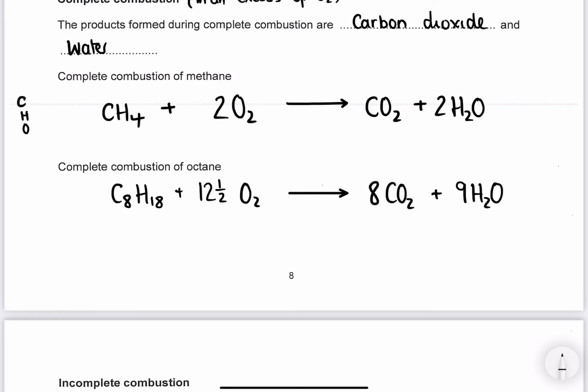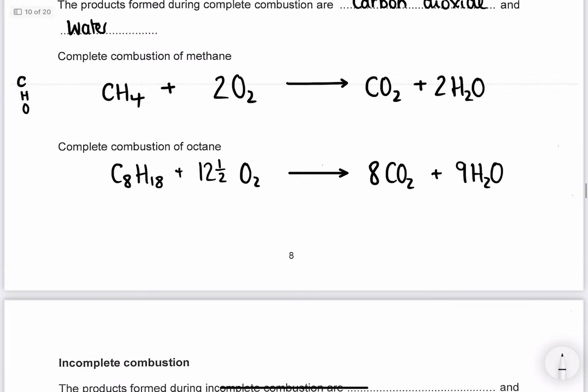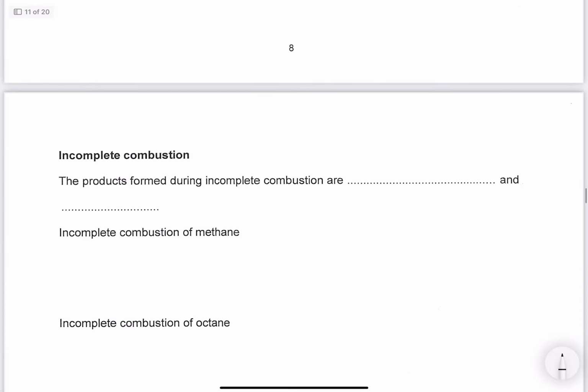So that's complete combustion. We then have incomplete combustion in a limited supply of oxygen. And we could get carbon monoxide. How will we know which one of these we're being asked to produce?